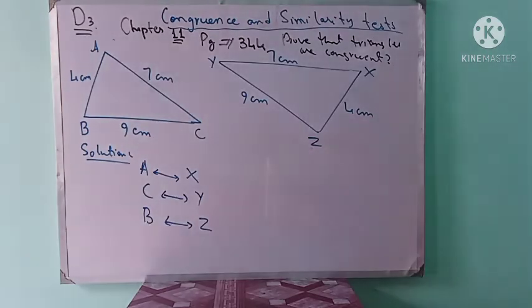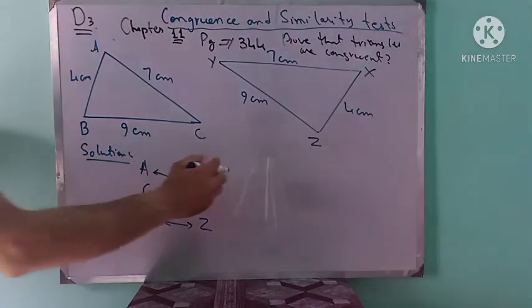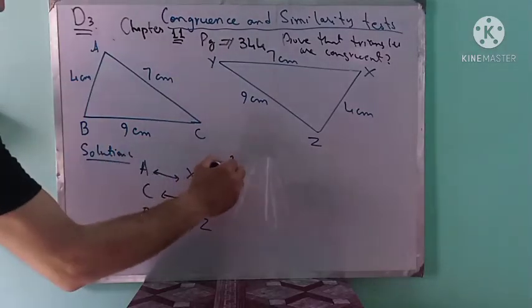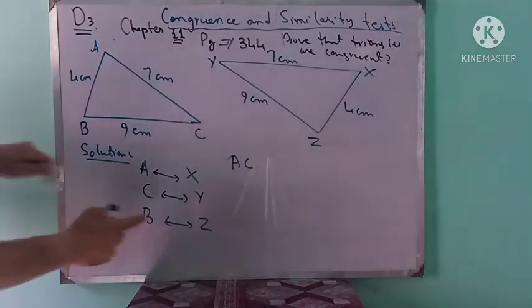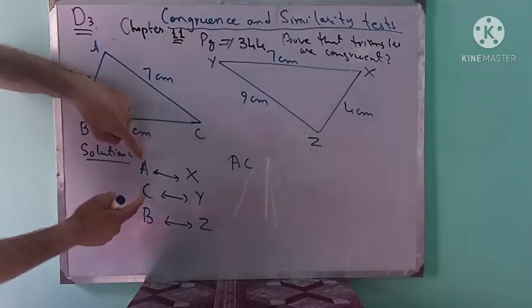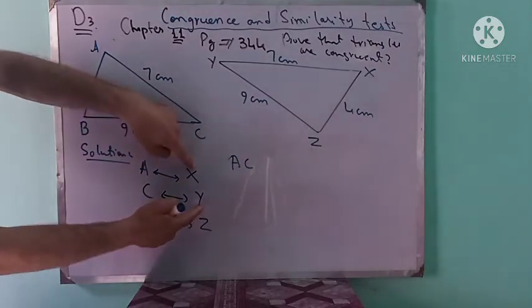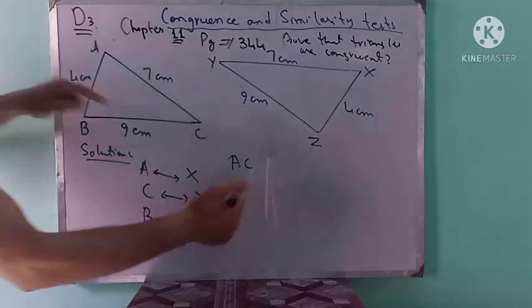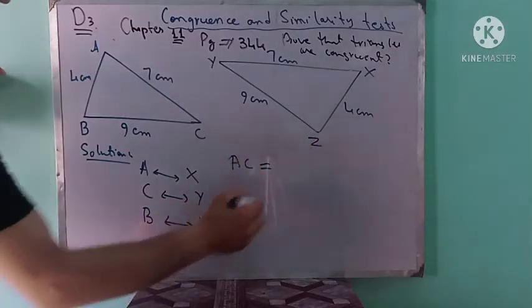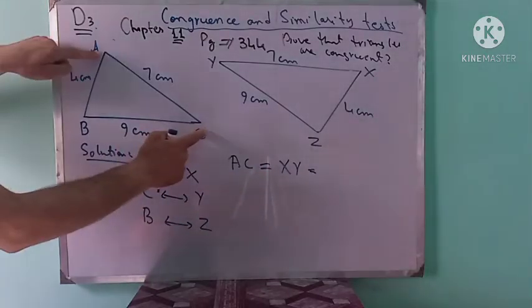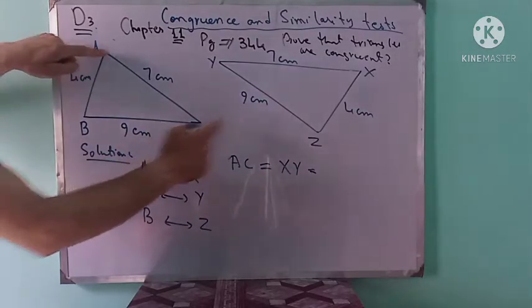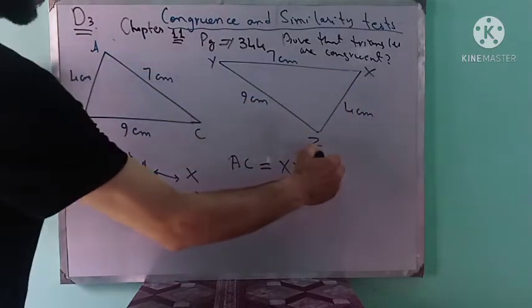Okay, so AC and XY are the corresponding sides. AC is 7, XY is also 7, that is 7 centimeter.